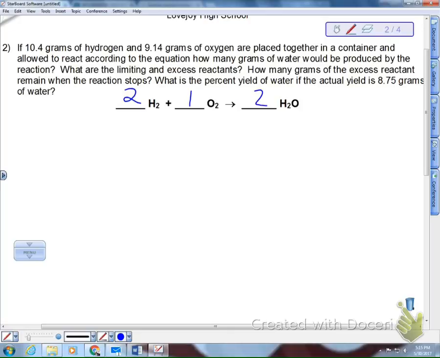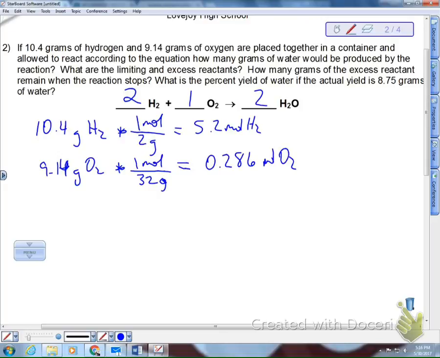Hit pause again and convert both of these grams of your reactants into moles. Alright, hopefully you've done that. Alright, got the 2 moles.